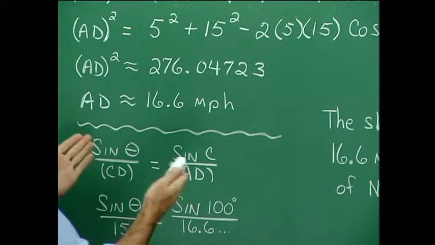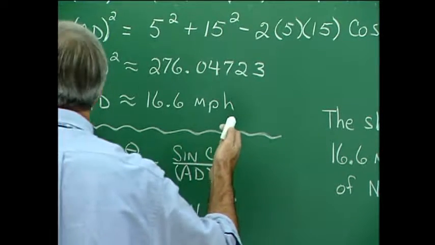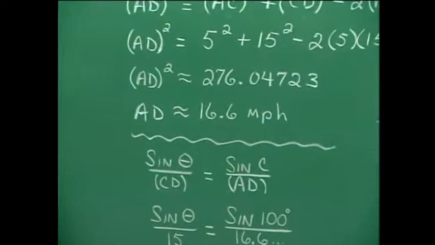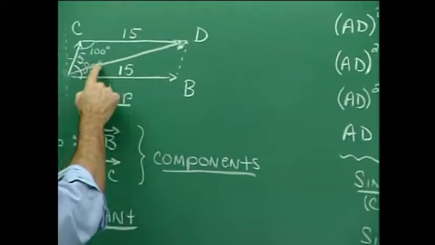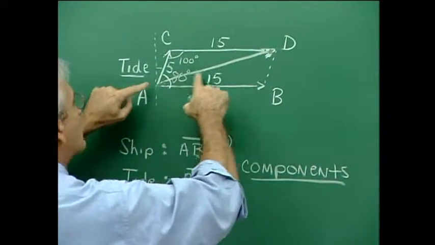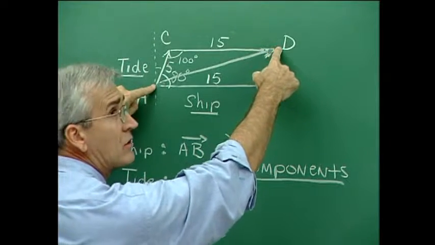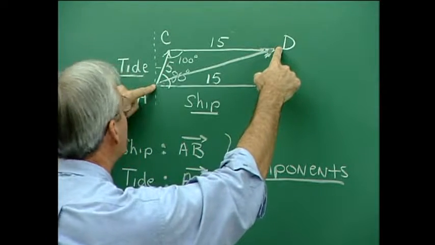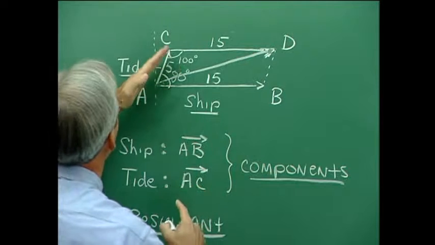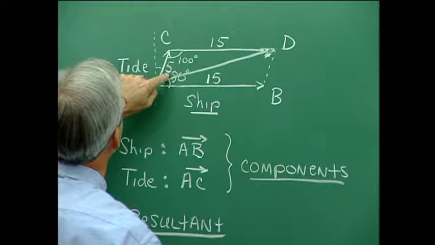Now we'd like some information about, let's see, what do we need? We come back over here and we have the length of this side telling us the actual speed of the ship, but we need an angle right here. Oh, we can find this angle.